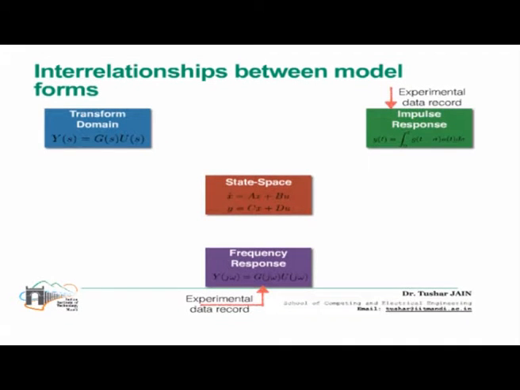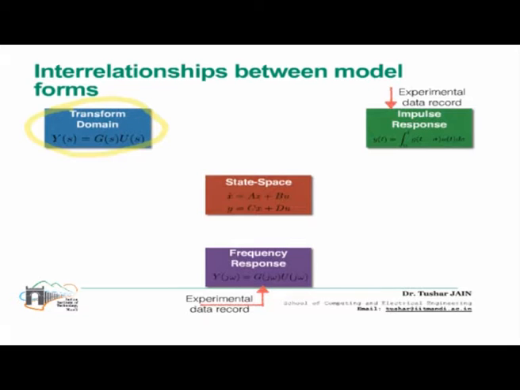So what we have seen so far is that we have modeled the system in the transfer function domain. There are interrelationships between the model forms. We could model the system in many different ways: transfer functions, an impulse response, which is based on experimental data, a state space form, or the frequency response form.